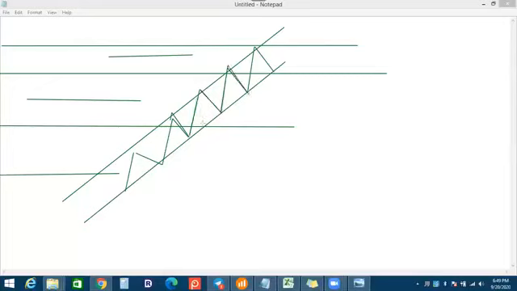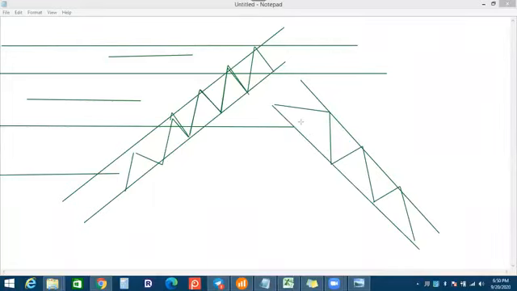So in a trend, only the trend line, the diagonal support and resistance, will work. The horizontal support will not work as you are expecting from horizontal support and resistance levels. So in a downtrend, you just draw a level connecting these points, clone this trend line, and draw it again on the lowest level.